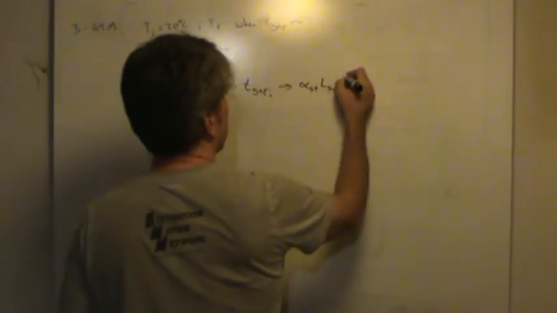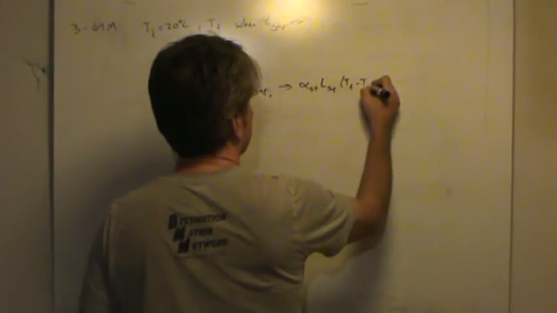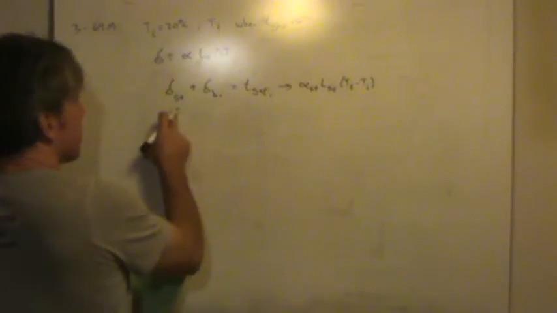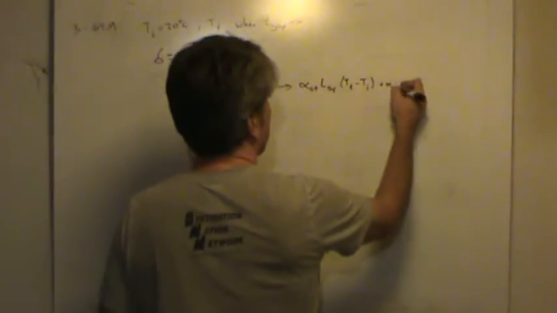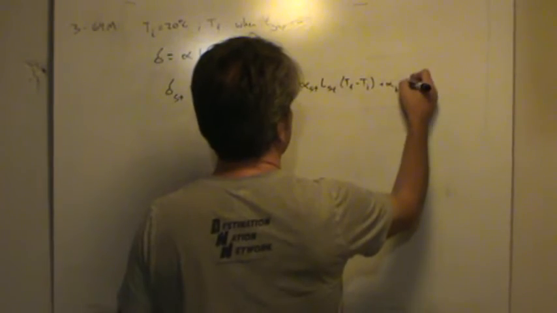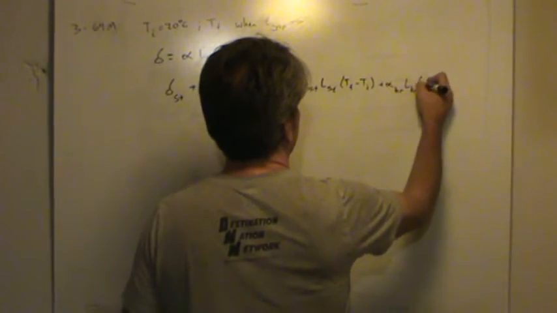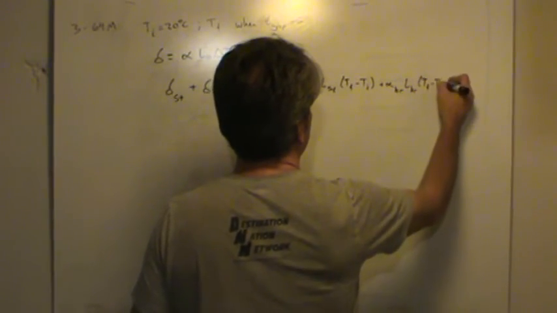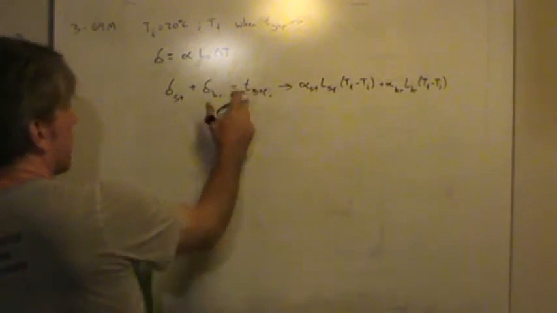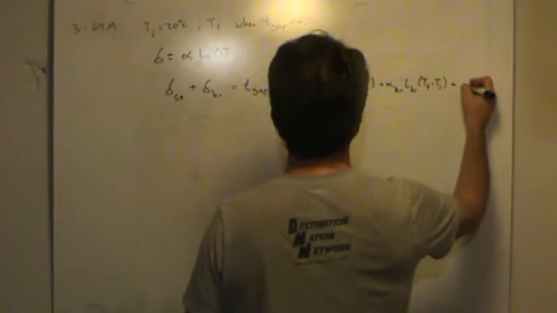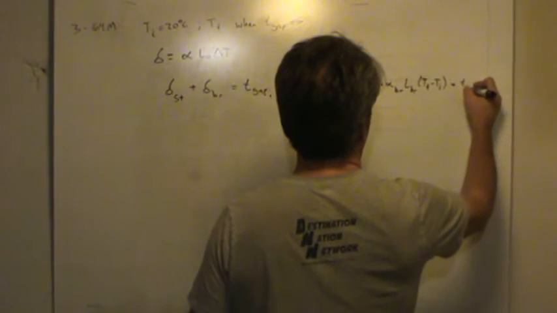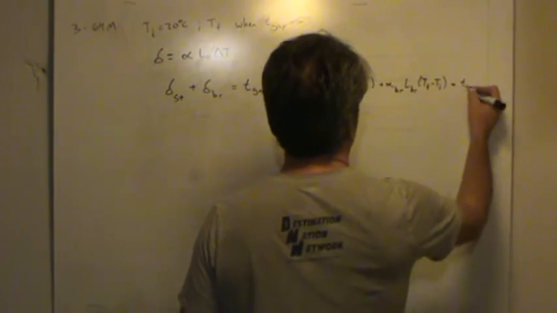And then finally the delta T, final temperature less initial temperature. So this represents the first term, plus the expansion coefficient of the brass times the length of the brass, times final temperature less initial temperature. That's the left-hand side. The right-hand side then is the thickness of the gap initially.